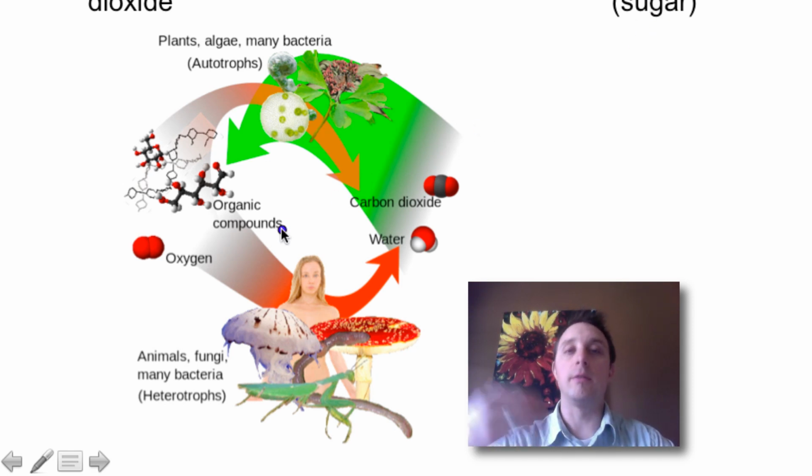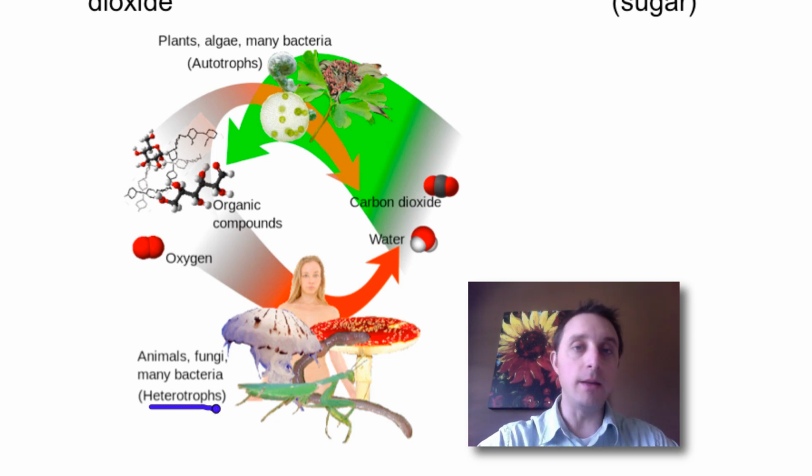The other big group of organisms are called the heterotrophs, of which animals like ourselves are a member. These heterotrophs get their chemical energy from ingesting or eating other organisms.